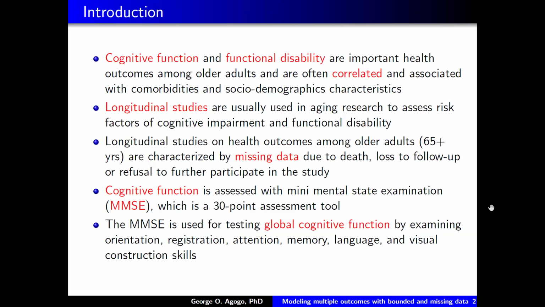So we have orientation, registration, attention, language, and visual construction. So these 6 components, within each component, there's a series of subcomponents that sum up to 30 points.